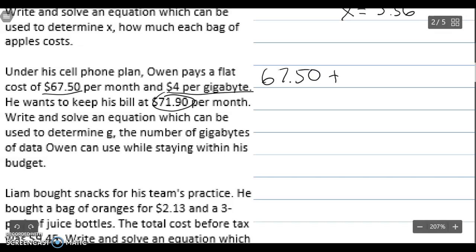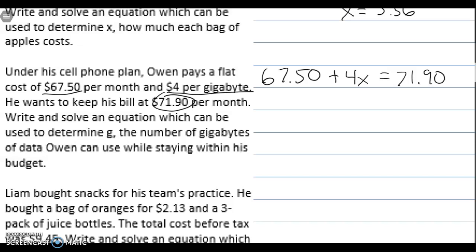We're going to add it with the $4 per gigabyte, and we're going to use x for gigabyte. And what we want is we want to stay under or add up to equal $71.90. So we know exactly how many gigabytes he can use.